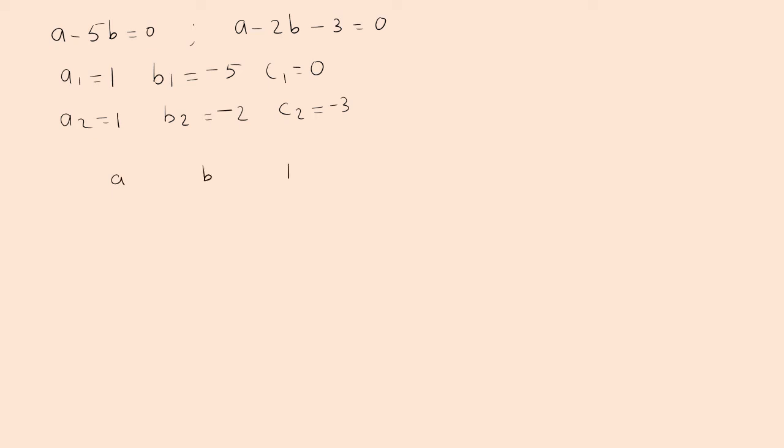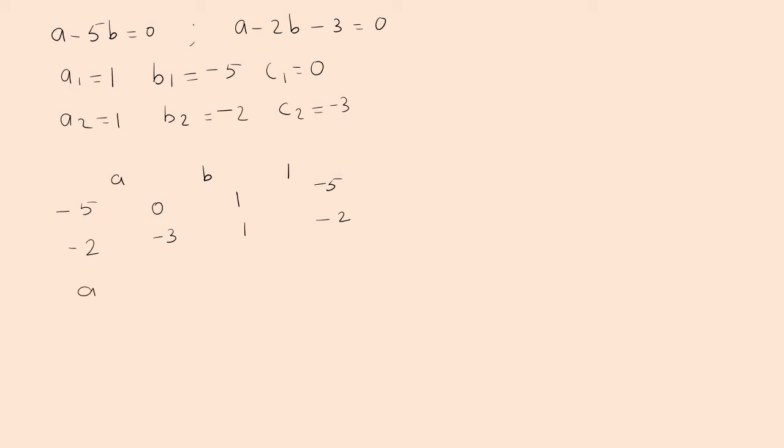Now the b1 c2, that is minus 5, minus 2; c1 c2, that is 0, minus 3; a1 a2, that is 1, 1; and b1 b2, that is minus 5, minus 2. Now you have to equate a, b and 1 using equal sign.